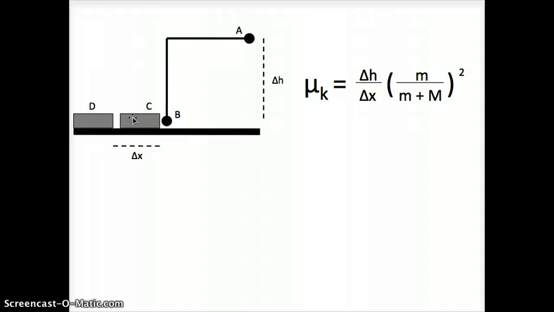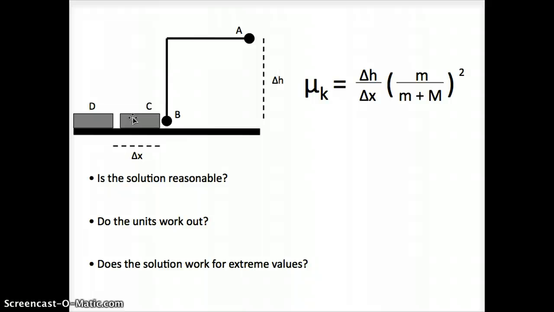We already checked that 0.17 value for kinetic friction against the other value that we measured with other information in the video. But there are some other questions that we can ask as well. For example, do the units work out?